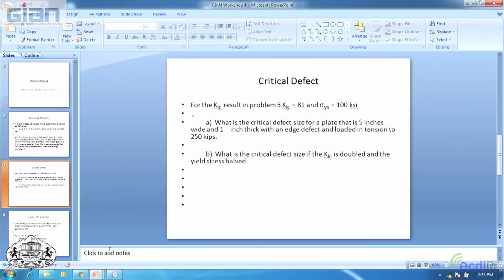Okay, now, I want to bring up another point. What happens to the critical defect size if K1C is doubled, but the yield strength is halved? Half means that the yield strength now is 50 instead of 100. So what happens for that?